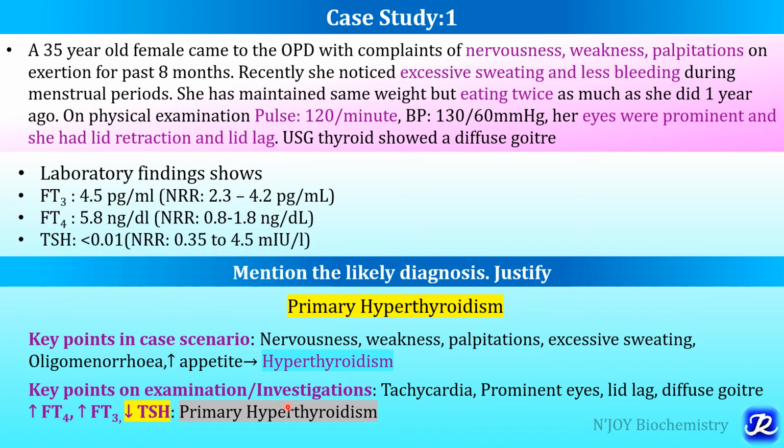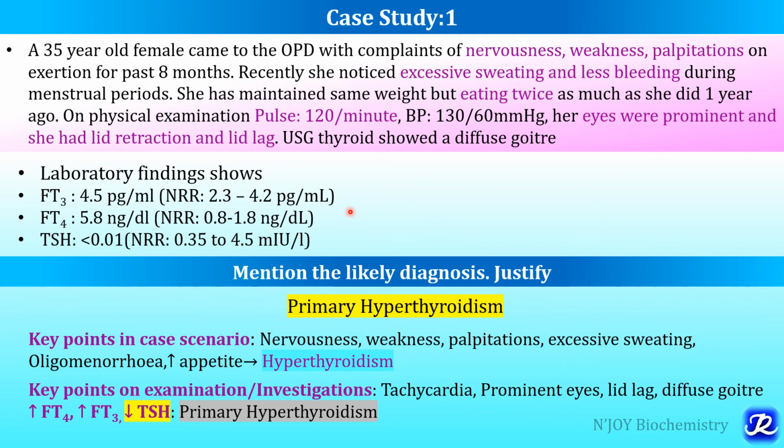And what are the key points on examination and investigations which are suggestive of hyperthyroidism? There is tachycardia, pulse is 120 per minute, which is a characteristic feature of hyperthyroidism. The eyes are prominent, there is lid lag, so exophthalmos is there, and diffuse goiter is present.